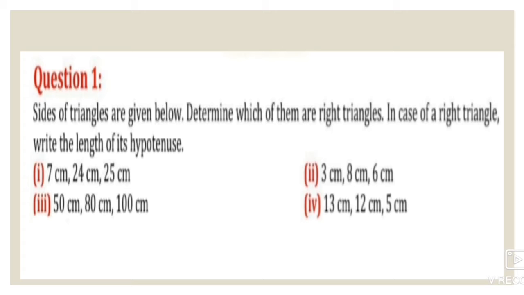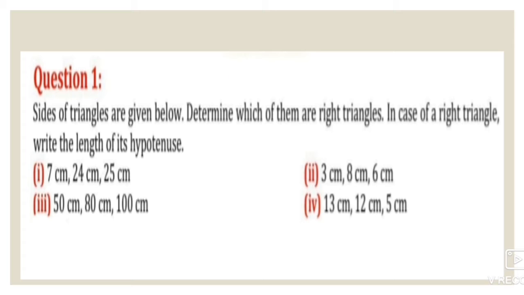Or conversely, you can say that if in a triangle one side square is equal to the sum of squares of the other two sides, then that triangle will become a right angle triangle and the angle opposite to the first side will be the right angle. It is the converse Pythagoras theorem. So we will use this theorem and verify which will become a right angle triangle.